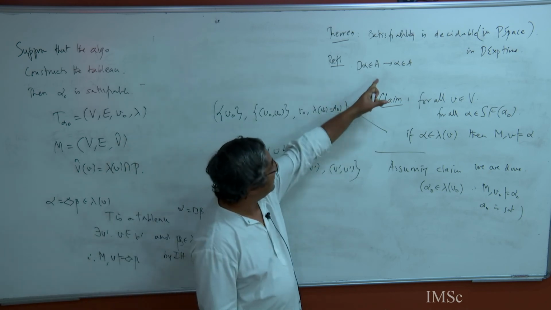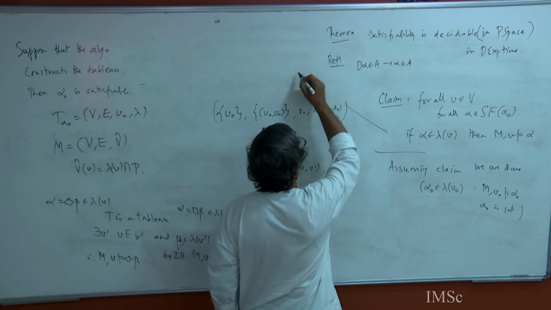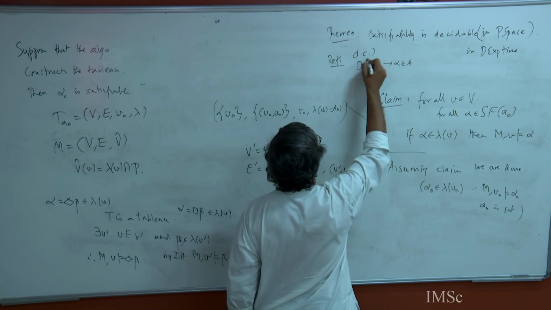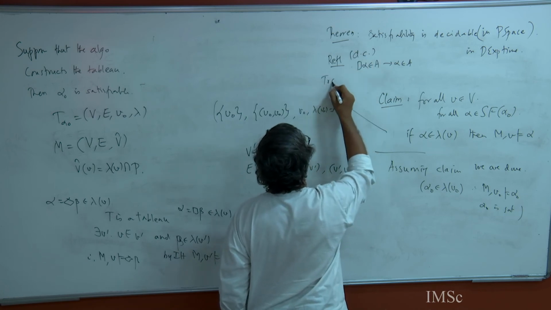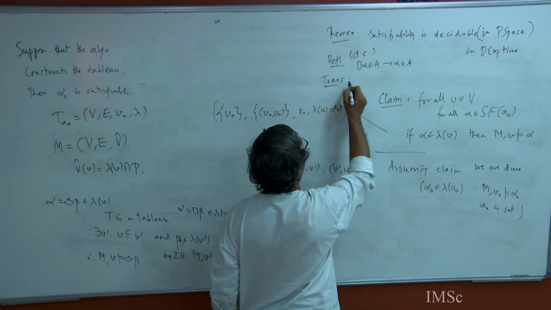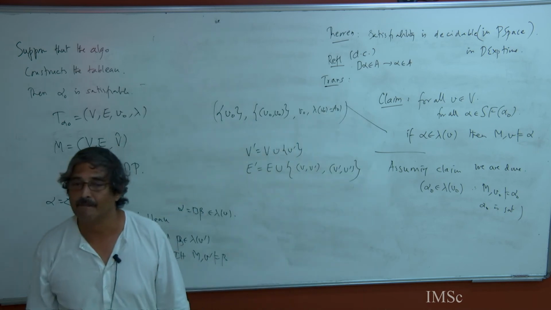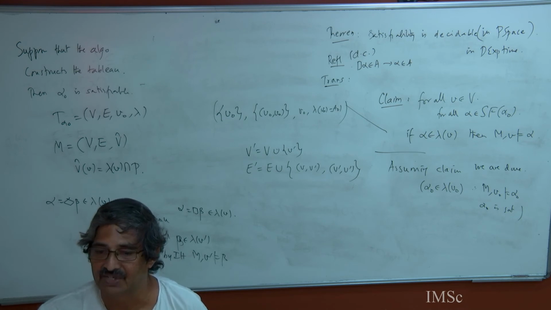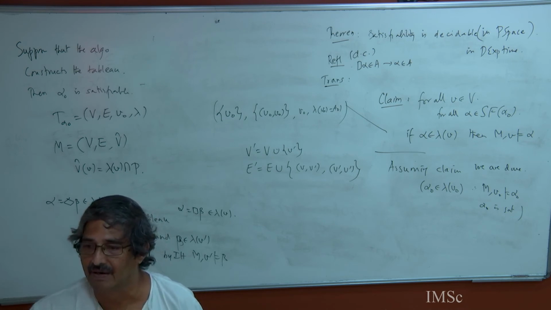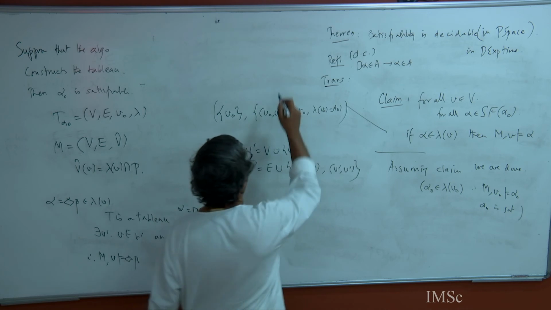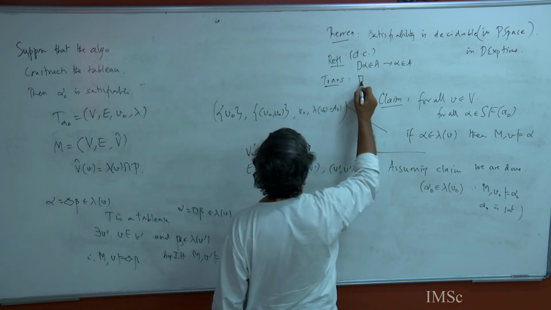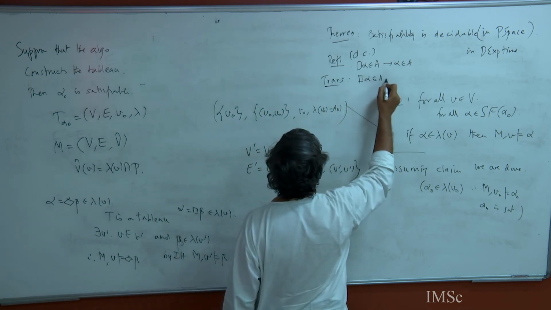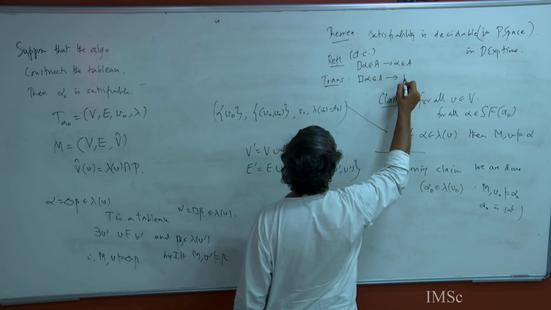For reflexivity I added this. What should I have here? What is the condition that I should put in? Here, if box alpha belongs to the set, then box box alpha belongs to it.